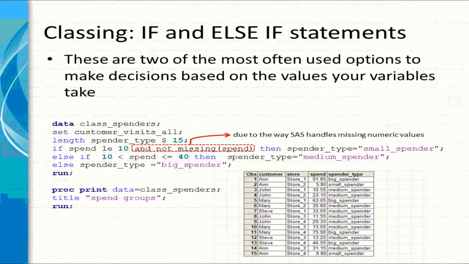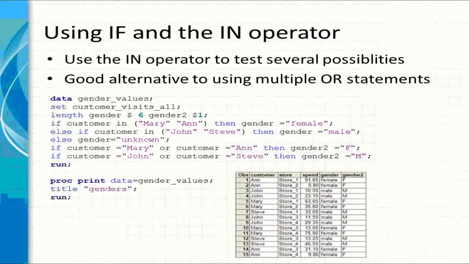Then if the spend is between 10 and 40, it's a medium spender. Else, all other conditions, that will be a big spender. So if we print that class_spenders data set, you see that's the result you get. You see that a new variable called spender_type has been created. Okay, so that's a very useful trick to class your observations.